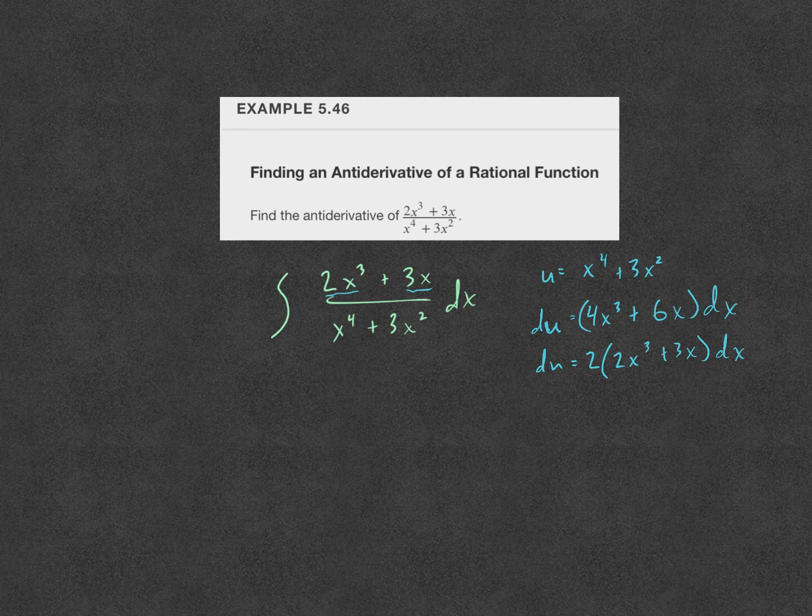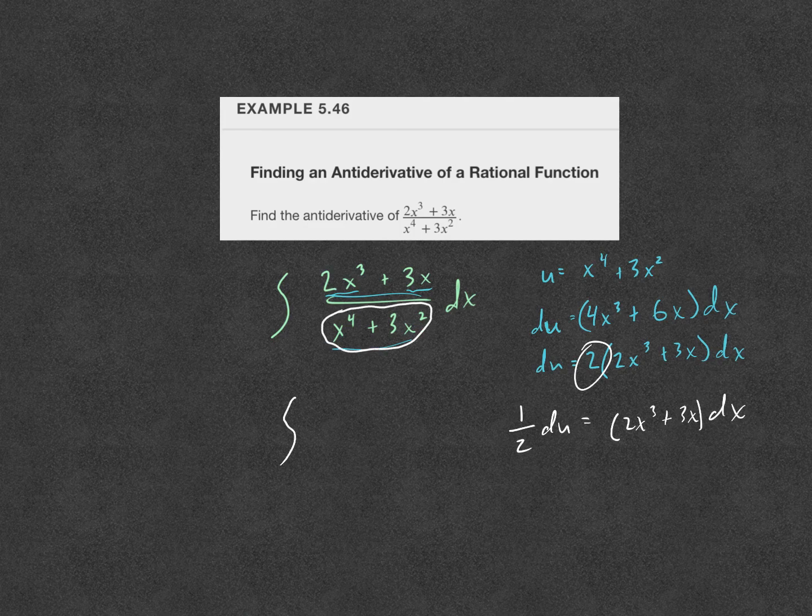So that's with u substitution. We're looking for something and its derivative. So we have the expression in the denominator whose derivative is up in the numerator. All right, so this 2 over here is going to give us a 1/2 in front of the du, and then 2x cubed plus 3x dx, and with our substitution, the denominator is equal to u.